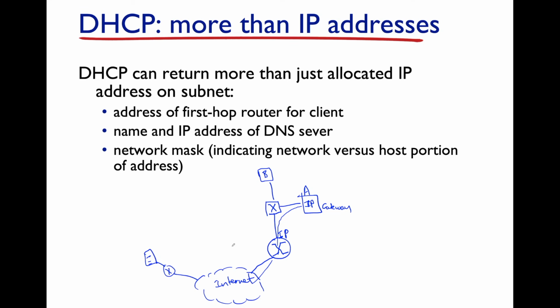Another thing you need is the DNS. So maybe you have connected to your network through a switch. You have your local DNS. Now, your local DNS knows how to connect to the root DNS, as we had discussed.